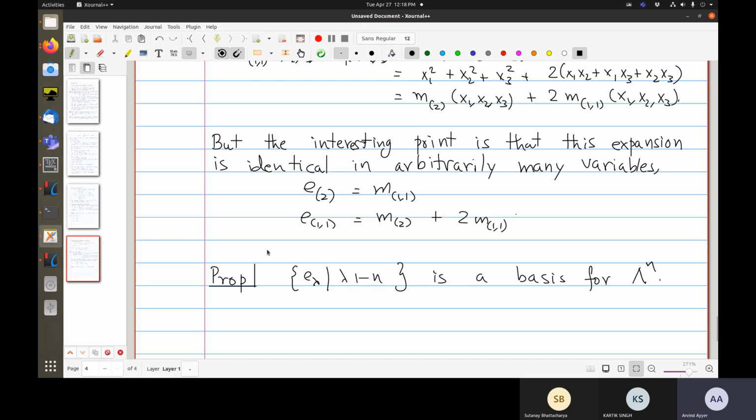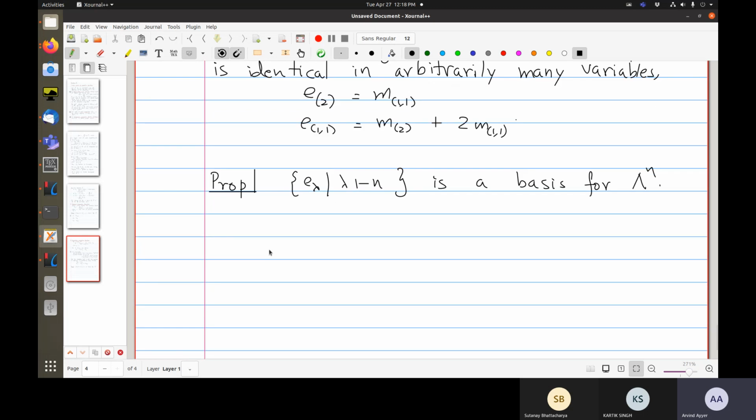Okay. But there is one property that I do need later on, so I think it's best if I show it over here. Or maybe I'll just write it as another proposition.